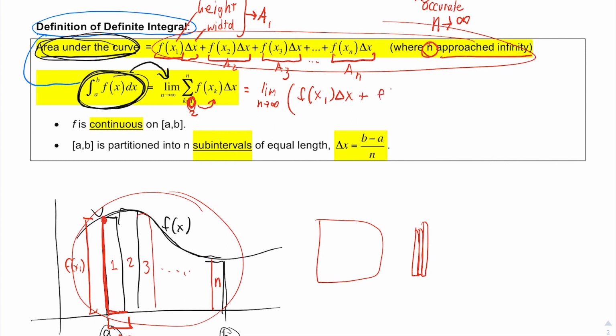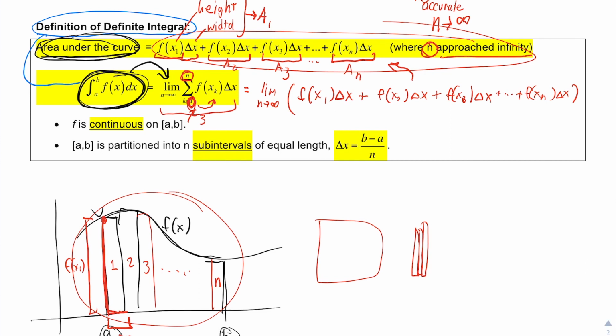So now we do f of x2 delta x plus, and then the next one is 3, f of x3 delta x. When do we stop? We keep going until f of x, what? The final number n right there, delta x. And do you see how what we did is we just created the statement right above, right? So that's what this whole thing means, okay?